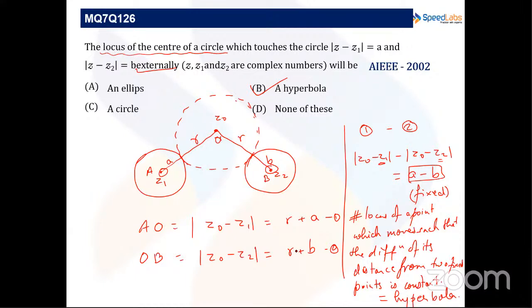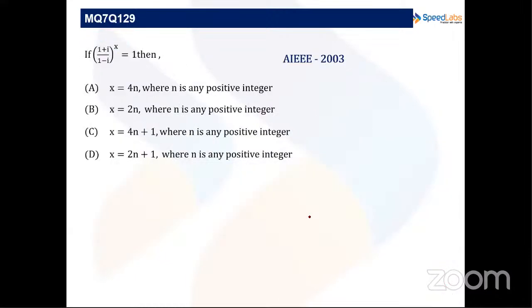So let's move to our next question. We are given (1 plus i upon 1 minus i) whole to the power x is equal to 1. So let's simplify this. Multiply and divide by 1 plus i.